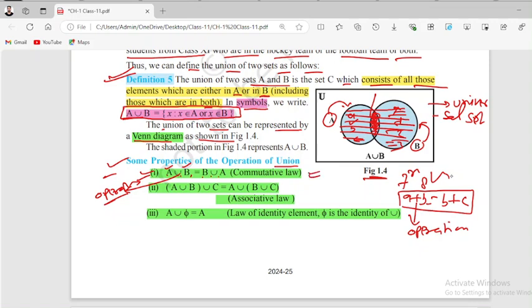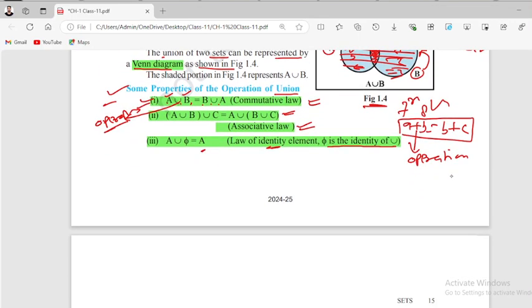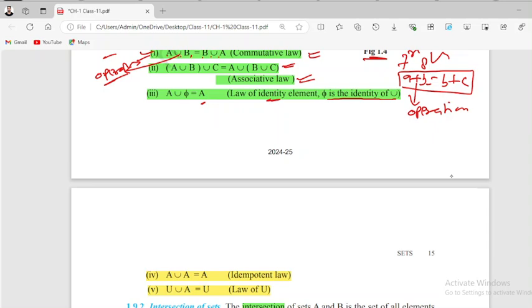This law is called the commutative law. And (A union B) union C equals A union (B union C), this is the associative law. And A union phi is equal to A. This law is called the law of identity element, because phi is the identity of the union. These are important laws for our study.